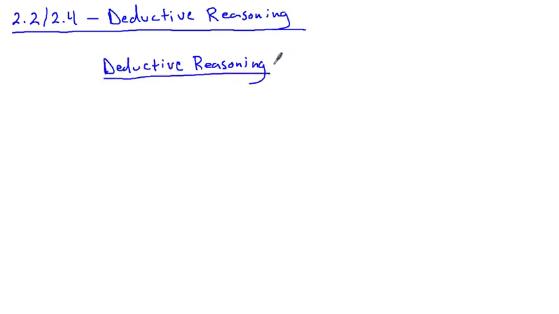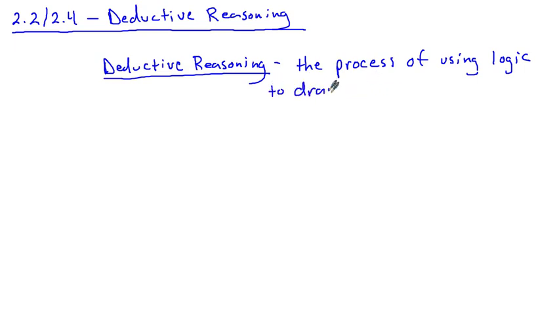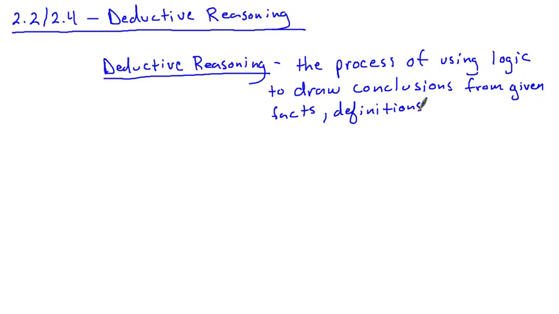Okay, deductive reasoning. This is the process of using logic to draw conclusions from given facts, definitions, and accepted properties.